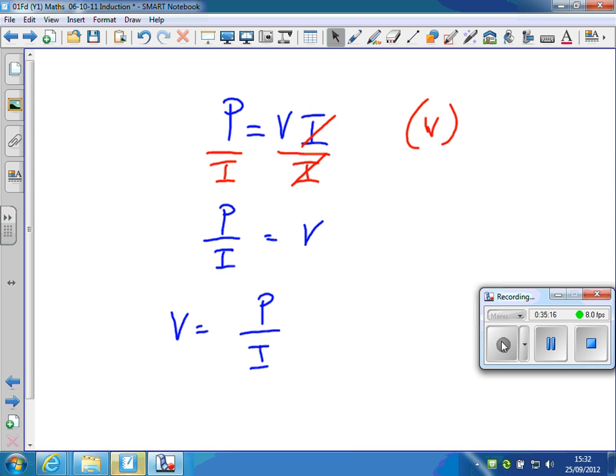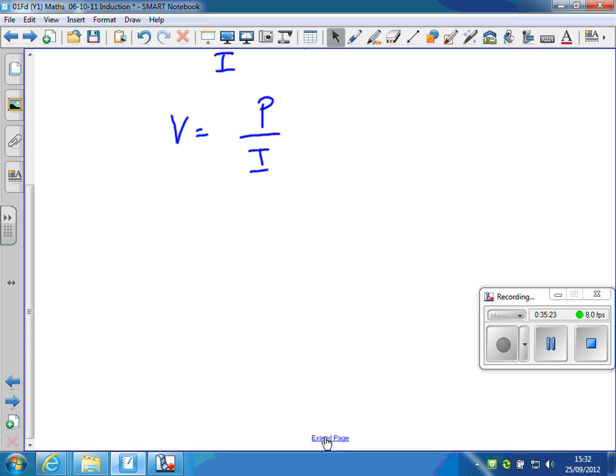Another way of thinking about the same problem, this is the same working, but another way to think about it. P equals VI.